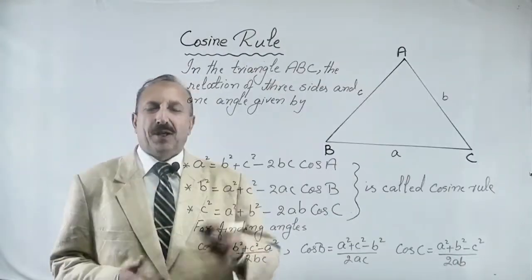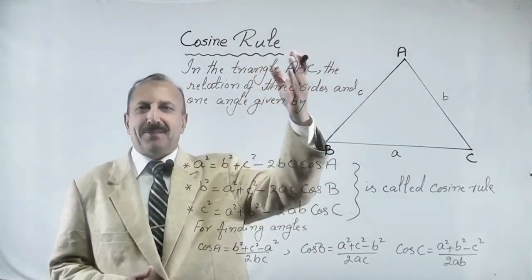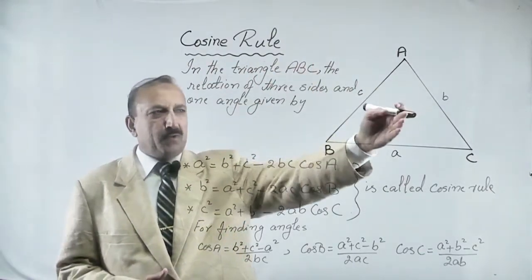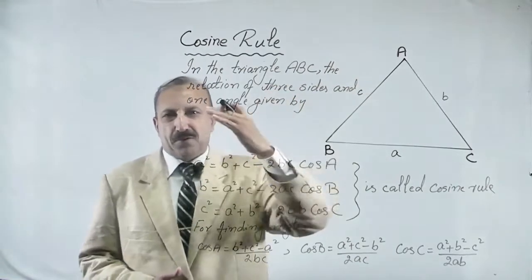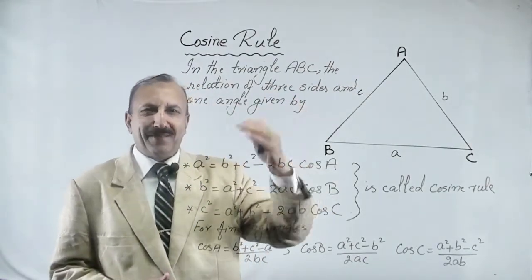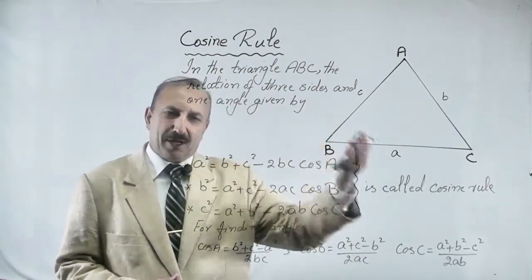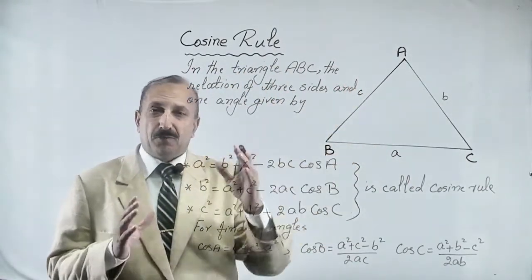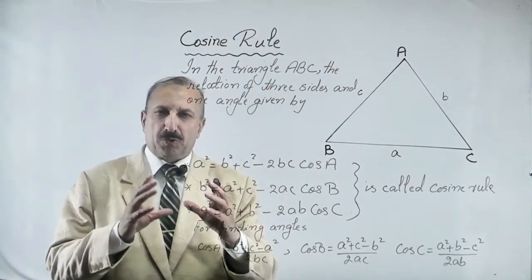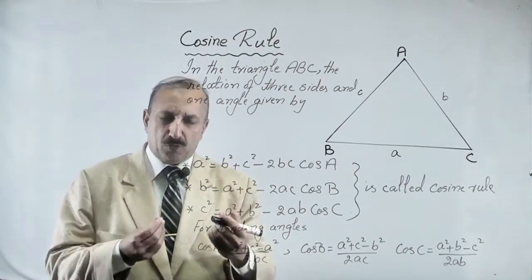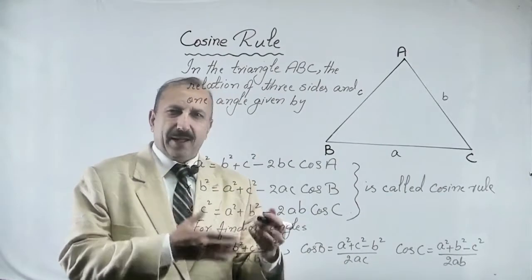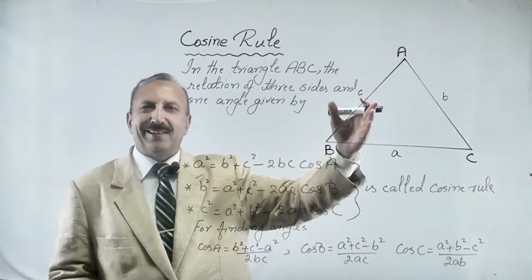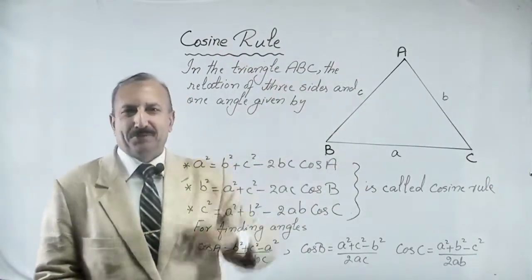Alright my dear student, let's have the second method for further trigonometry, that's the cosine rule. When we don't have a right angle, we have the sine rule and cosine rule that help us to find angles and sides of triangles. When we fail to utilize the sine rule for finding a side or angle, the method that solves our problem is the cosine rule.